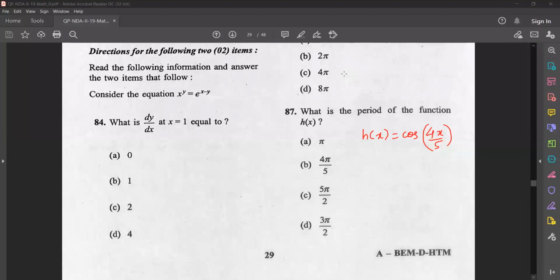Okay, did you get the answer? Have you got it as 5 pi by 2? See, I'm going to just substitute 5 pi by 2 in h of x.